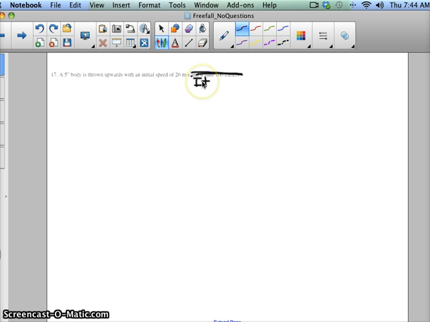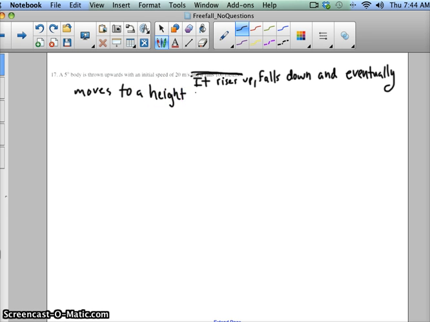I would say it rises up, comma, goes down, and eventually moves 100 meters, I'll say, eventually moves to a height that is 100 meters below its starting height.